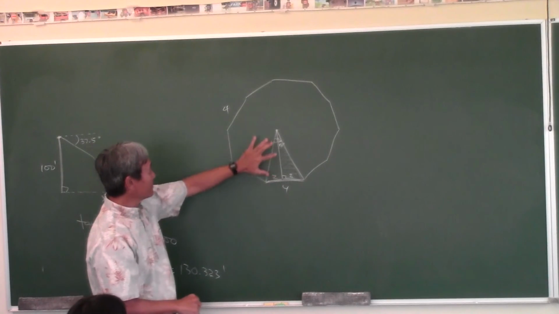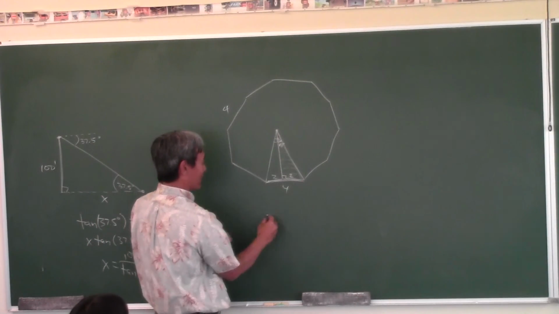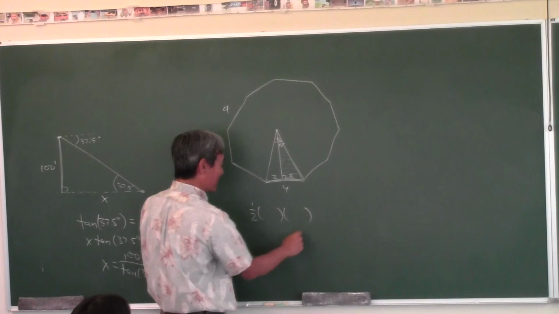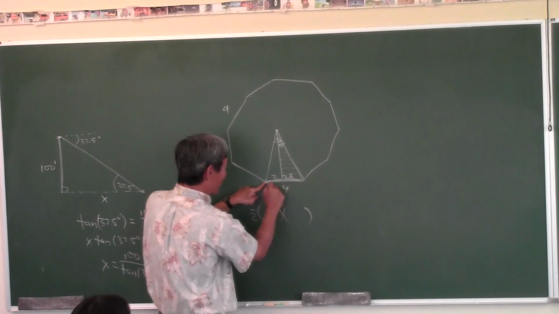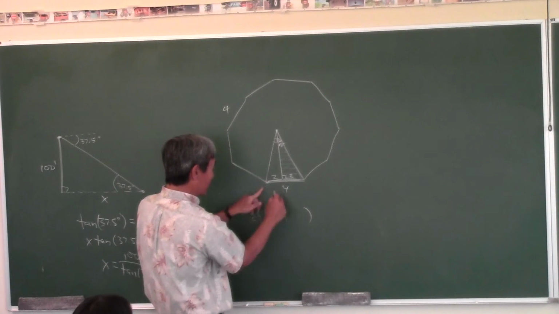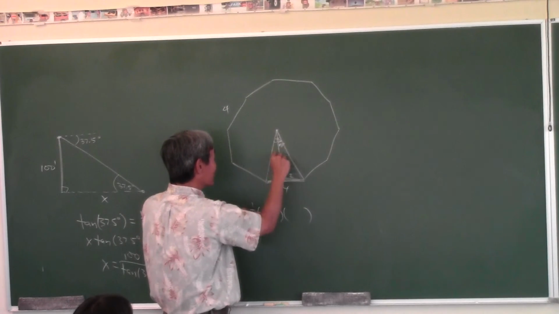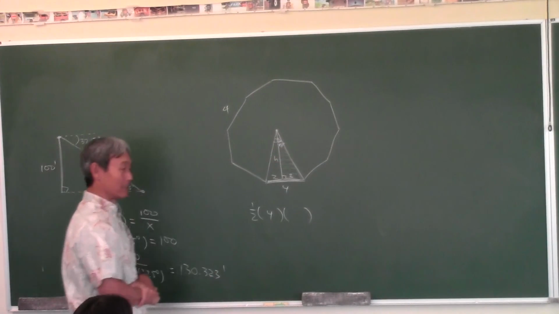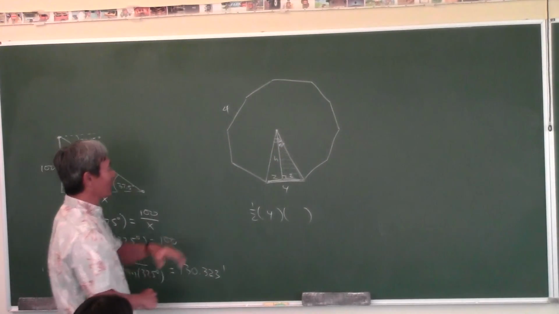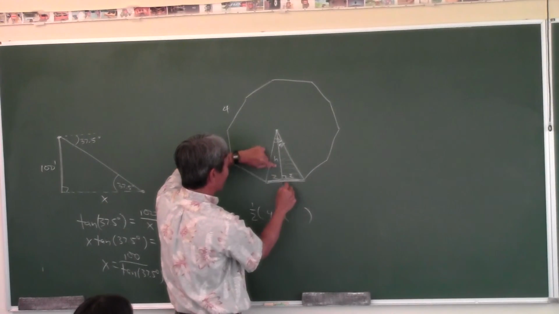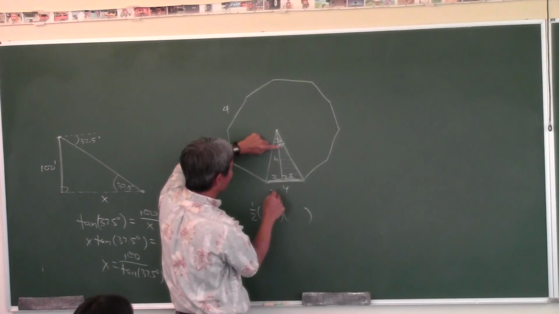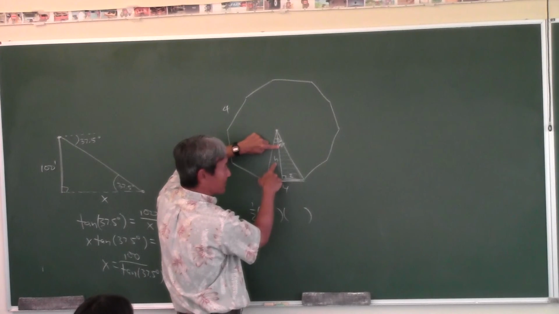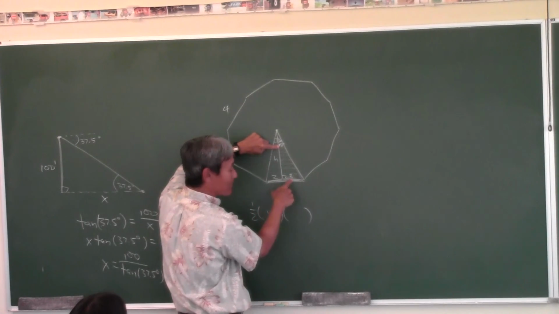So, what's the strategy for finding the area of this triangle right here? 1/2 base times height, right? But I already know the base is 4, right? All I have to do is figure out the height. Now, how do I figure out the height? Well, look at this triangle I shaded in. It's a right triangle. And look, there's the angle. This is adjacent, and that's opposite.